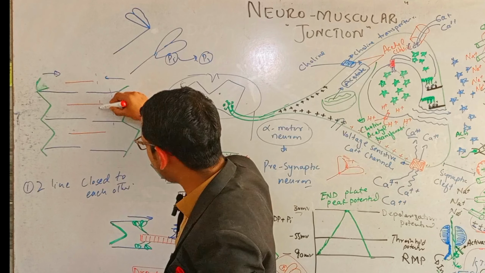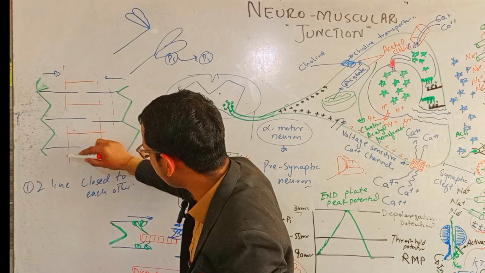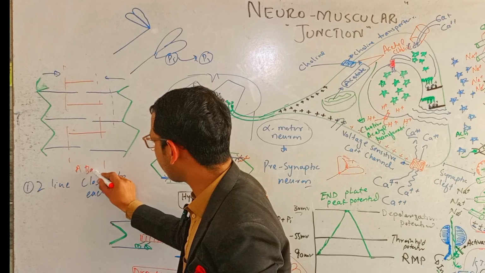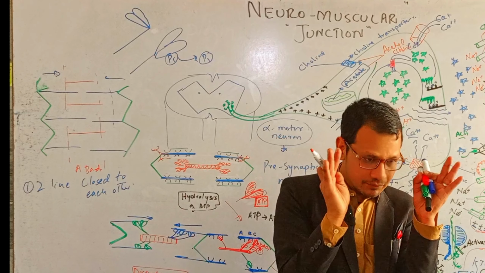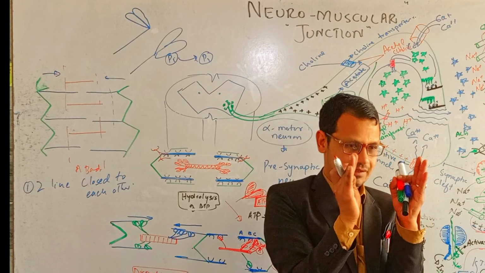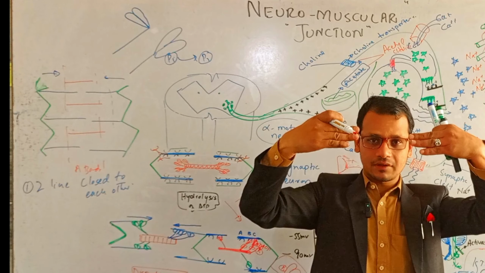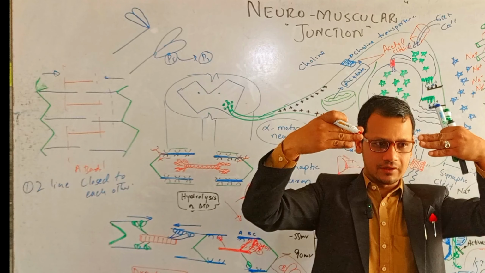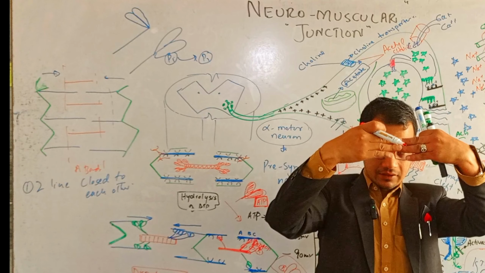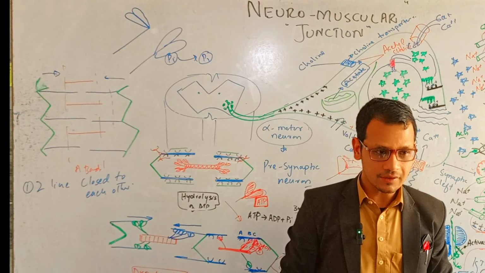This whole red area is the A band. Does this A band become less in size? Because the actins are contracting, will the A band contract?